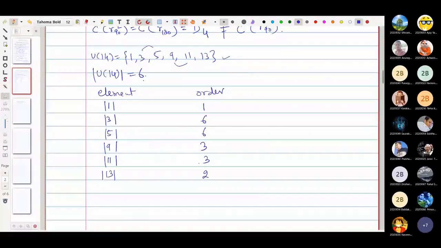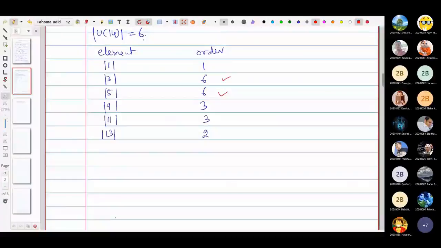So we have the order of each element of the group U14, and we got that there are two elements, 3 and 5, which have order 6.